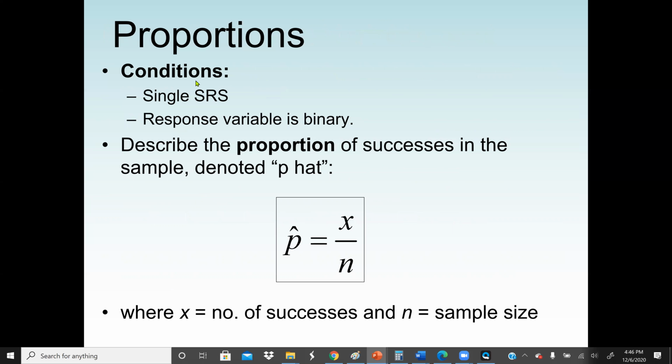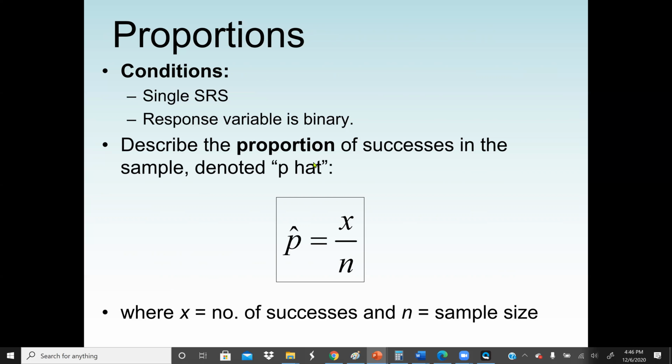With a proportion, using a single simple random sample where the response variable is binary, the proportion is equal to x divided by n, where x is the number of successes and n is the sample size.